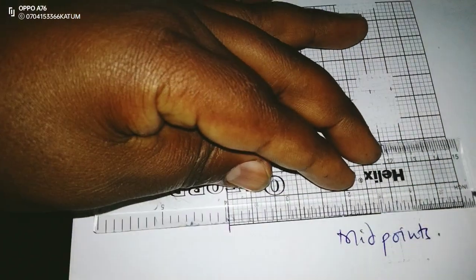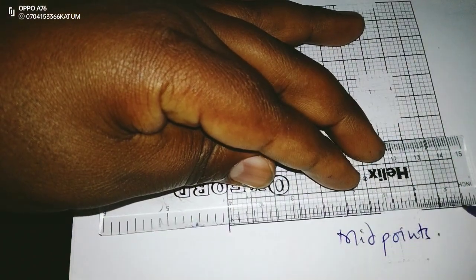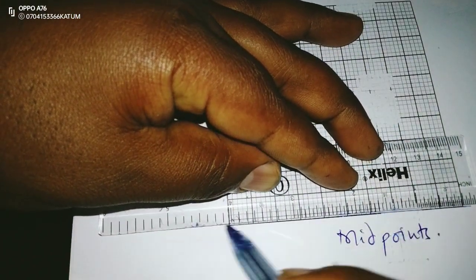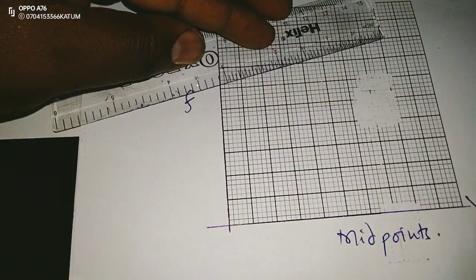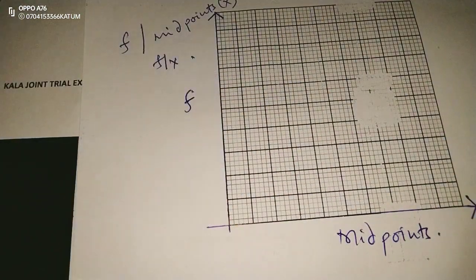Alternatively, we can just come up with what we call histograms. Then the midpoints of the histograms are going to be the midpoints of the classes.